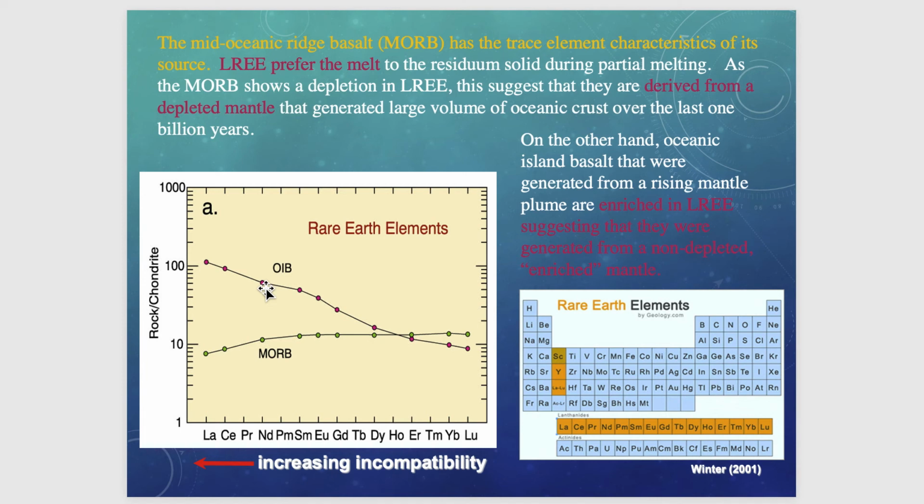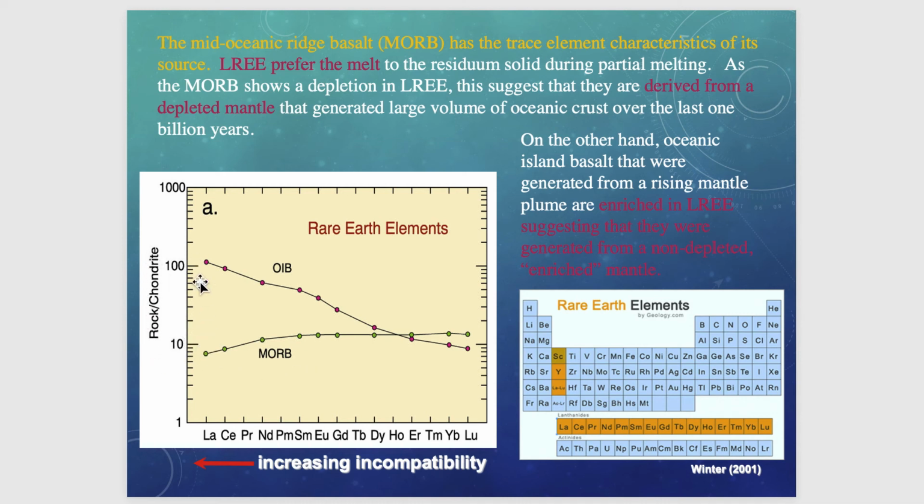So in this sense, Ocean Island basalts, which are the ones we saw for the hotspots, tend to be enriched in these light rare earth elements, and because of that they can be differentiated from the MORBs, which appear to be relatively low, with ratios on the order of 10.